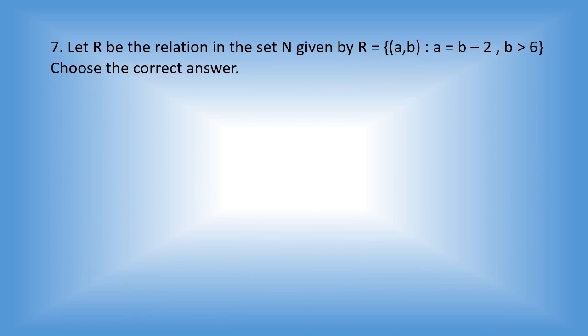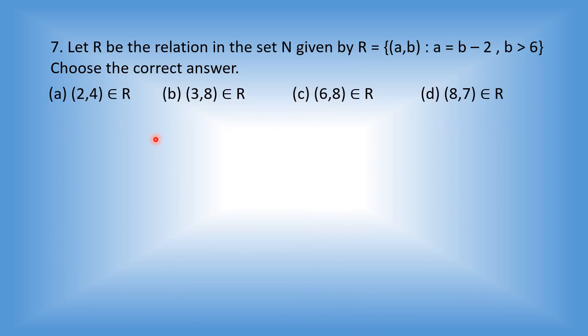The seventh one will be: let R be the relation in the set of natural numbers given by A = B minus 2, and B can take the values greater than 6. So choose the correct answer. That means an ordered pair belongs to the relation, either this one or this, or ordered pair 8, 7 belongs to the relation.